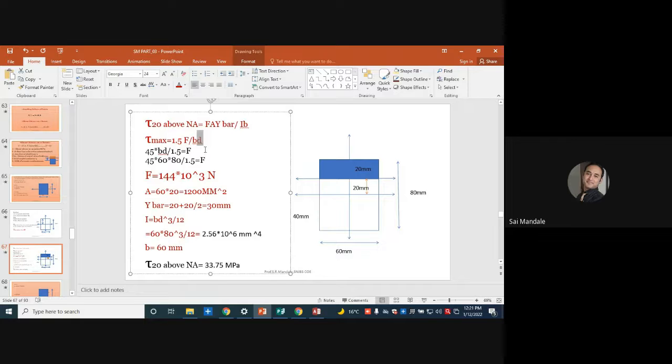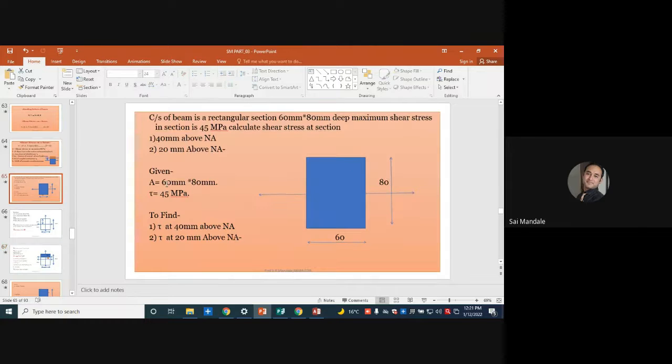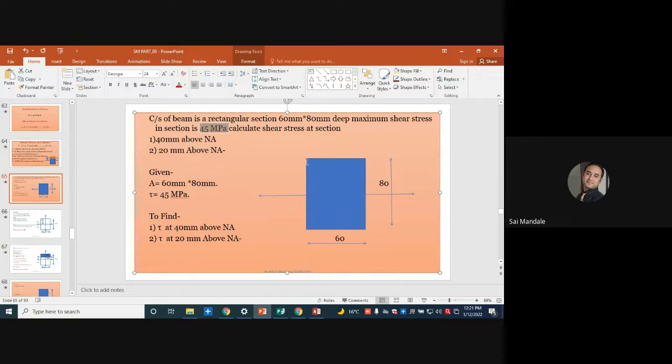Let us put the value. Tau max is equal to 1.5 F upon B D, which is equal to 45, as the value of maximum shear stress in the section is 45, which is already given to us.